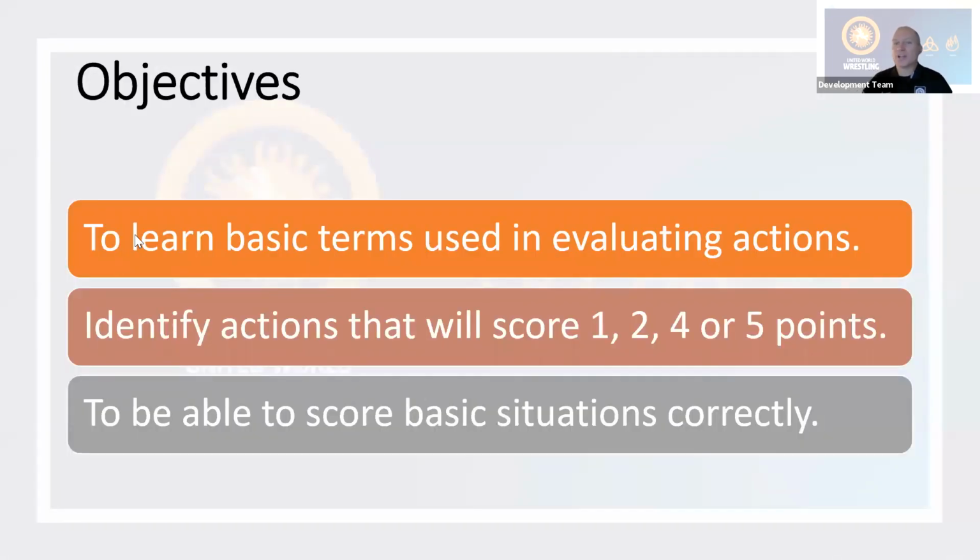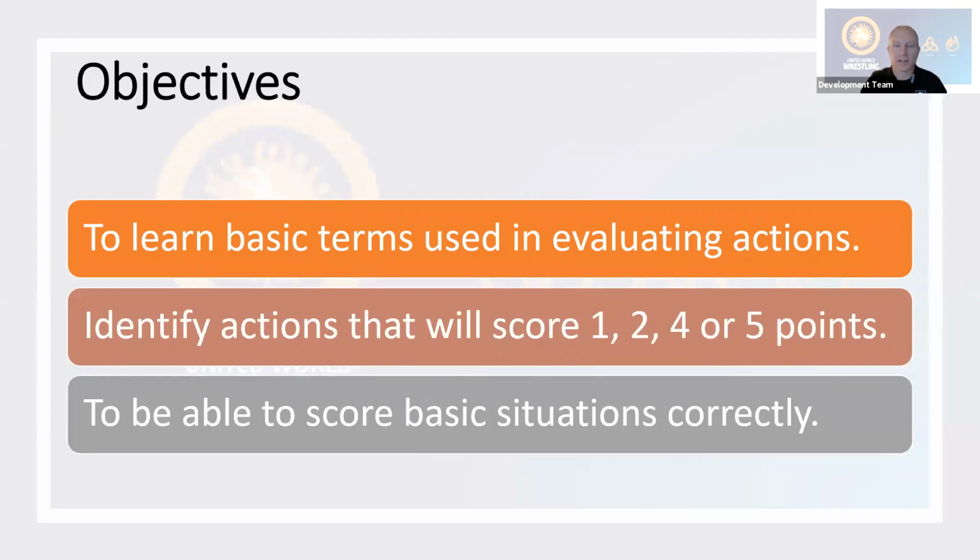All right, today's objectives, or at least what we hope to accomplish here, is one, to learn some basic terms when evaluating actions. I think that's an important process, understanding the terms and how those get applied to certain scoring situations. We're then going to identify some simple actions that score 1, 2, 4, and 5 points. So we'll go through some different scenarios.